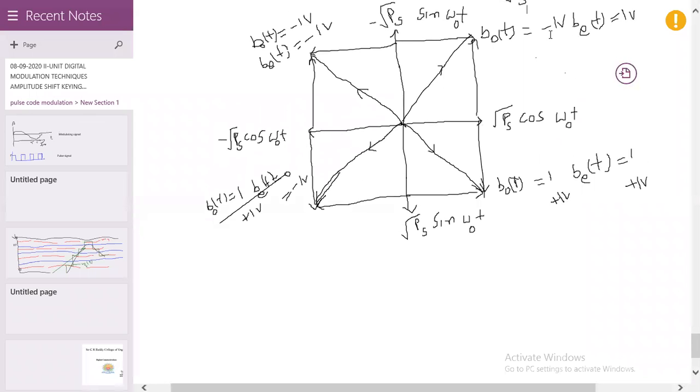V naught of t is minus 1 volt, V of t is plus 1 volt here. That is the resultant one. With respect to this carrier, the angle is 45 degrees, that is pi by 4, 45 degrees.